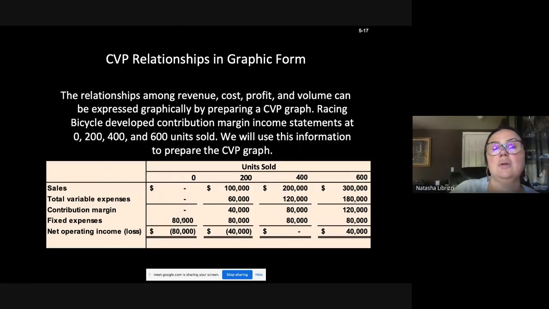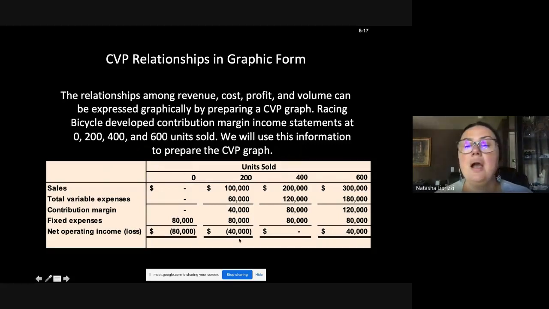If we sell 200 units, we have negative 40,000. At 400, as we learned just now, it's a break even. And if we have 600 bikes, that's 100 above what 500 would be, and 200 above the 400 break even.